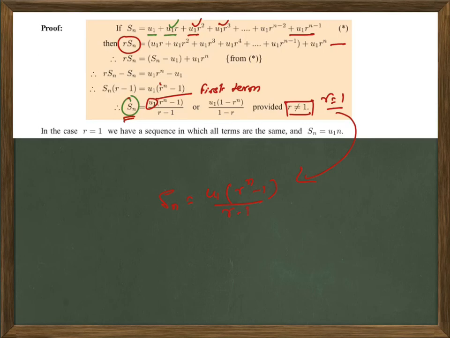If I put r equal to 1, we get u1 into (1 to the power n minus 1) by (1 minus 1), and that is not defined because 0 comes in the denominator. That's why r should not be equal to 1.